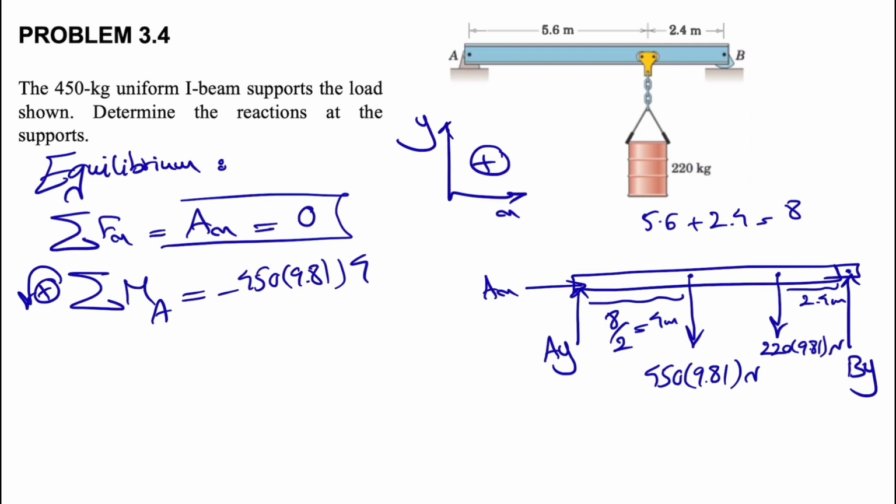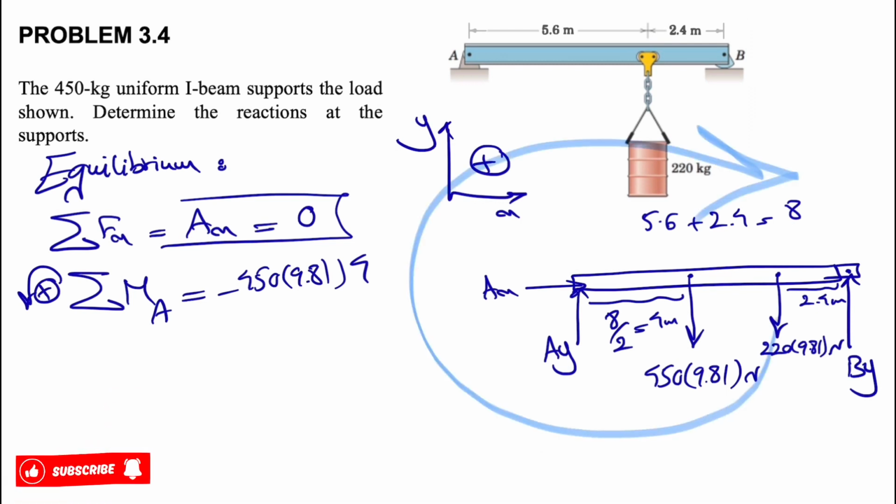I'm going to put the link in the description below. Feel free to check it out. And so basically what we need in here is just the force times the distance to the point that we're finding the moment about. So in here we have 4, and the force was the weight of the beam. So that's the first.